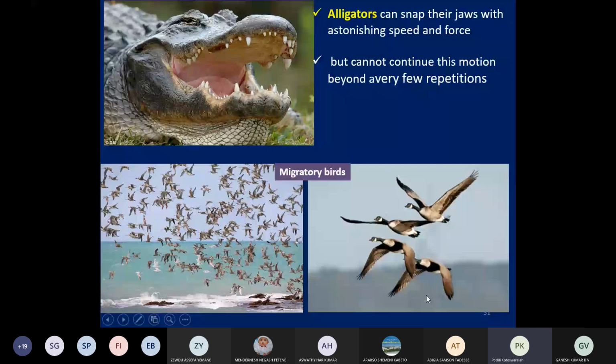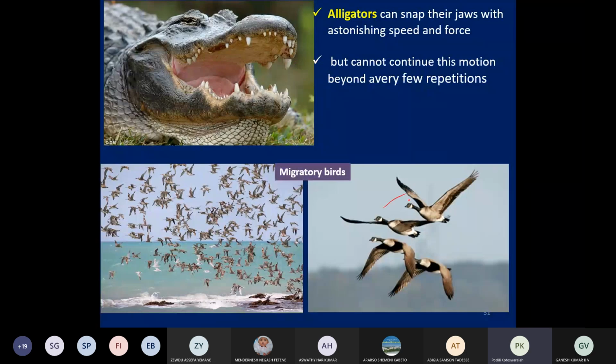Since the alligator has white muscle, it can snap its jaws with high speed and high intensity, but it cannot continue this motion beyond a few repetitions because white muscle has fewer mitochondria to provide energy.